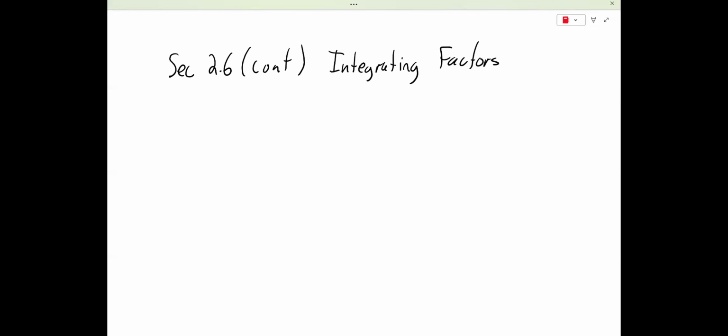But anyway, kind of picking back up where we left off. It's like section 2.6 continued here. They were called integrating factors. Okay, and so here's an example. Here's a differential equation.